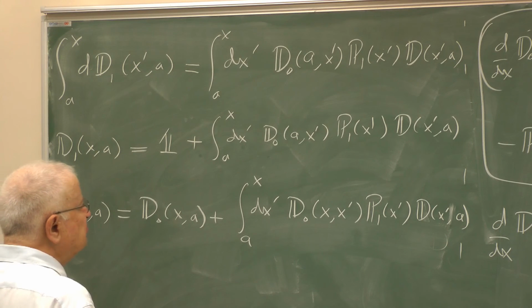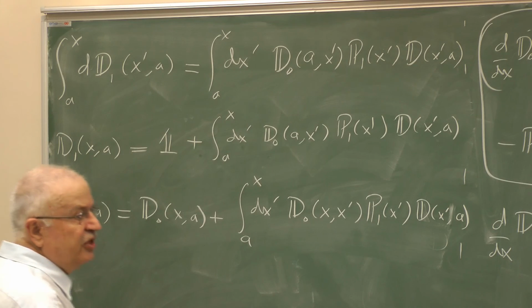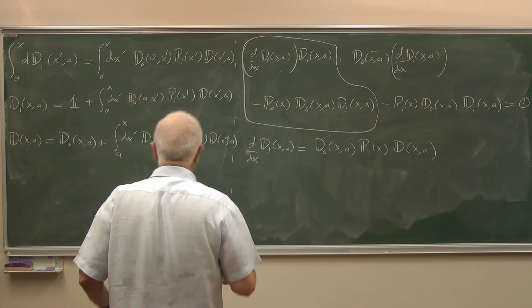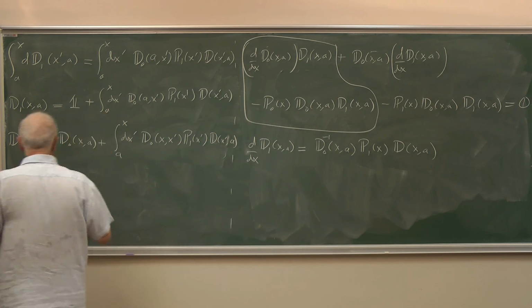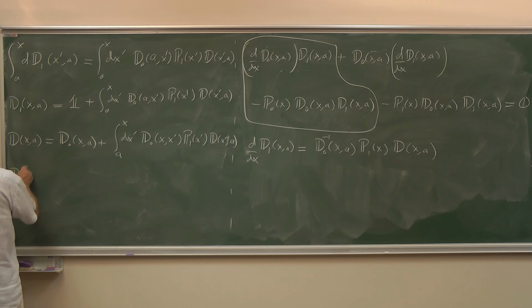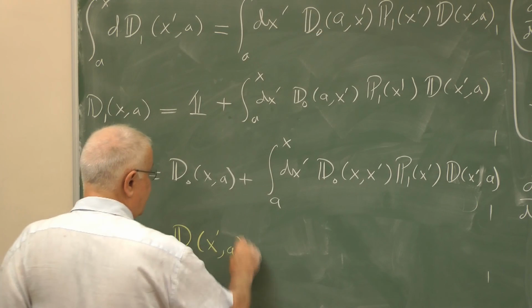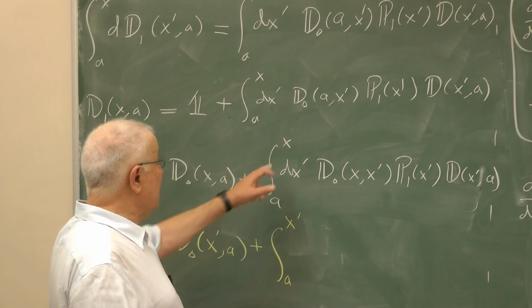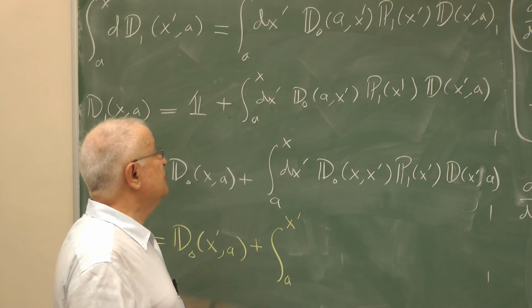I can take a look at this and see that it is very easily iterated, because d of xa involves d of x prime a. Let me write d of x prime a. So this will be d0 of x prime a plus integral a to x prime. But once I change my limit to x prime, it won't do to keep this as x prime.